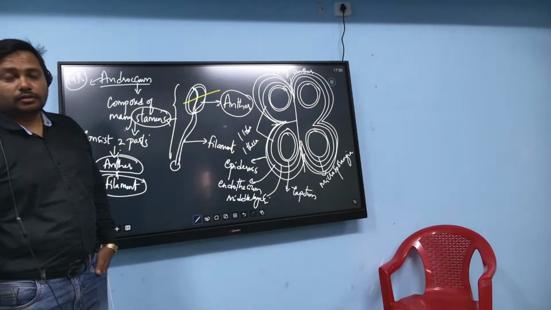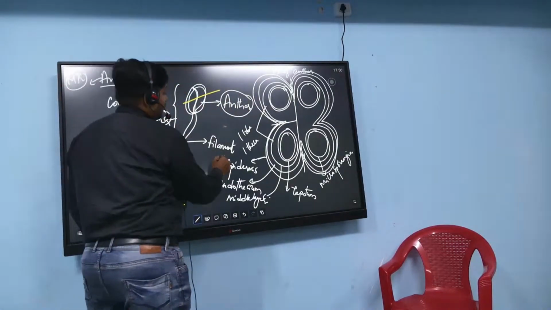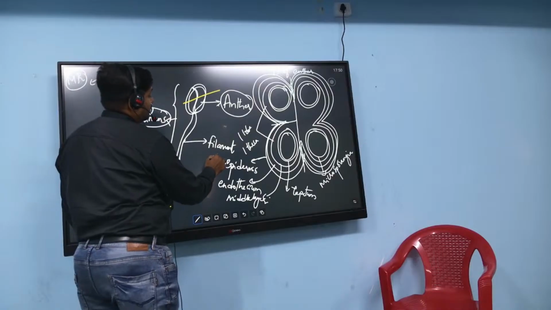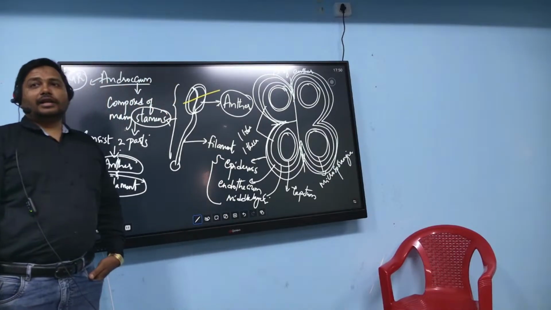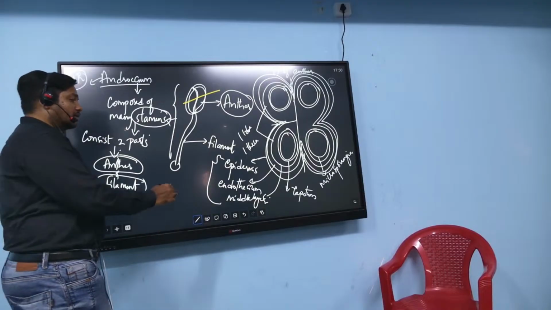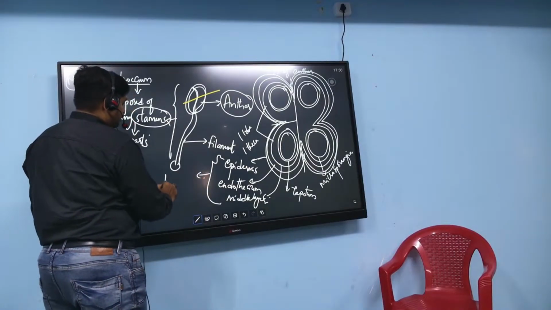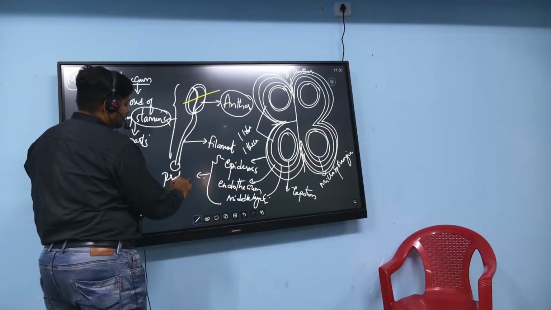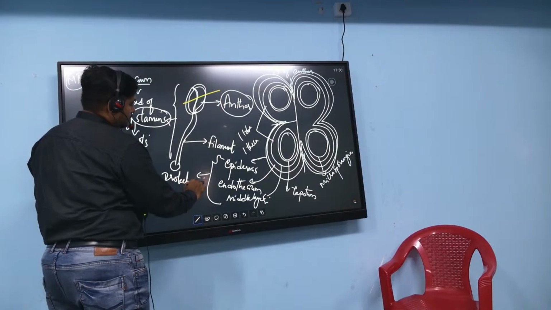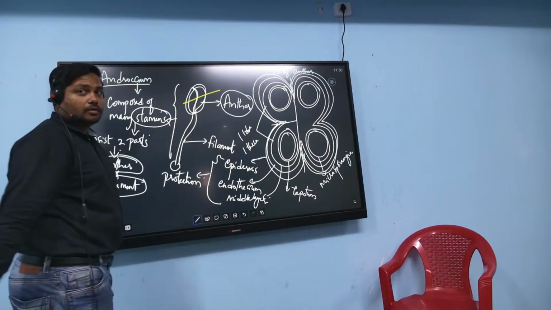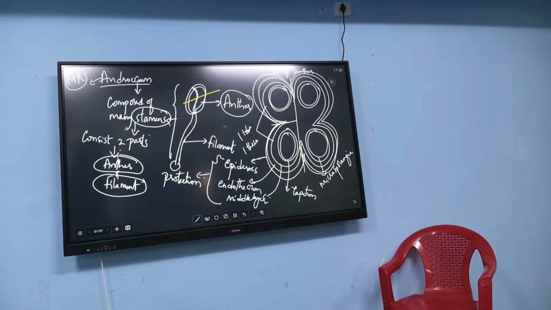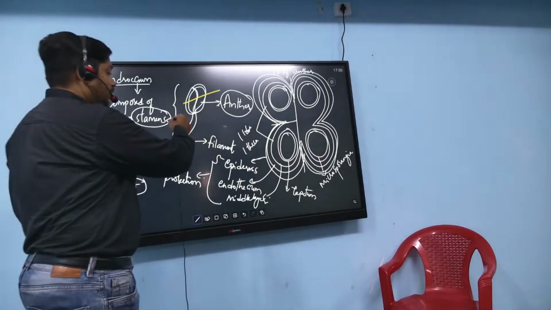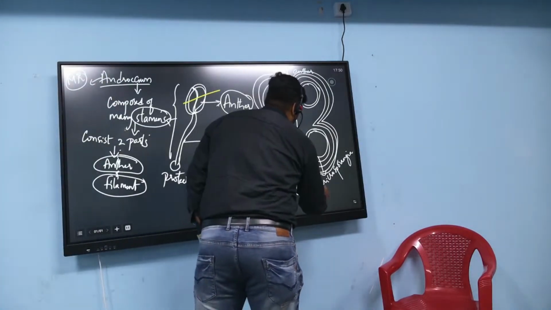Four layers. When we talk about the function of these three layers, epidermis, endothecium and middle layer, they are mainly meant for protection. They are the outermost covering. Is it clear? Now coming to the tapetum, what is the function of tapetum here?